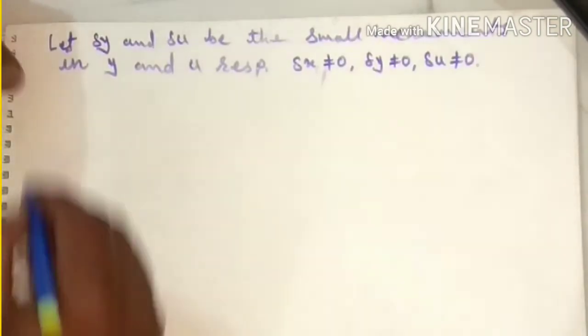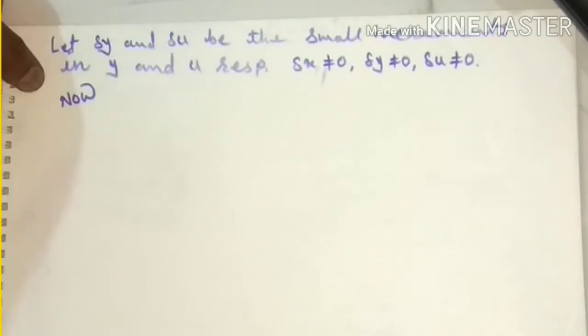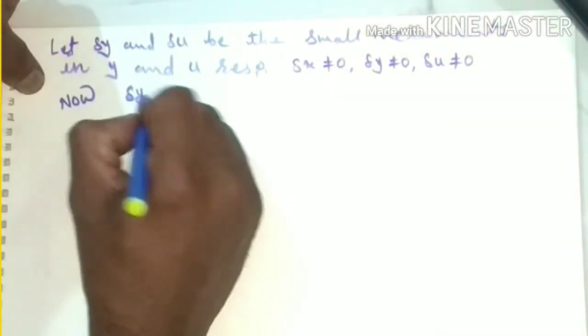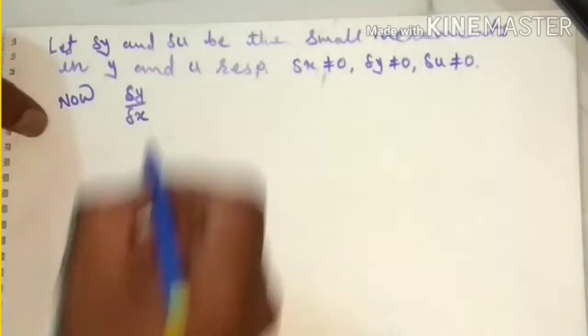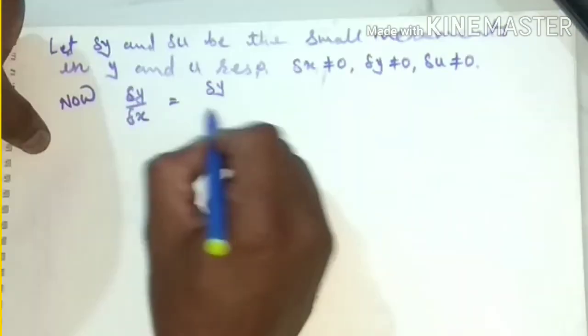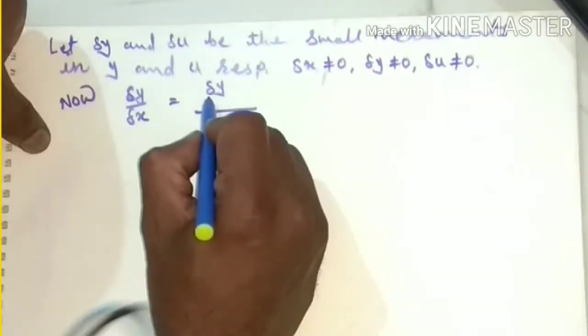Okay, so now we can write, if I write delta y upon delta x, this numerator I will keep as it is, and the denominator I have kept as it is.